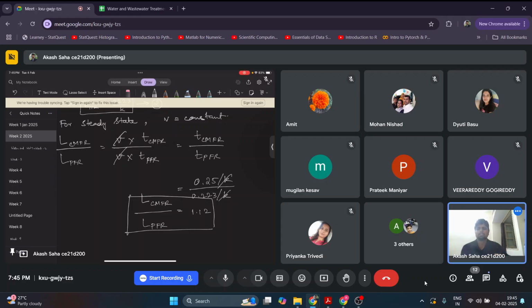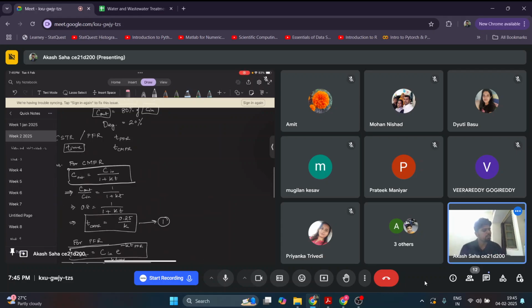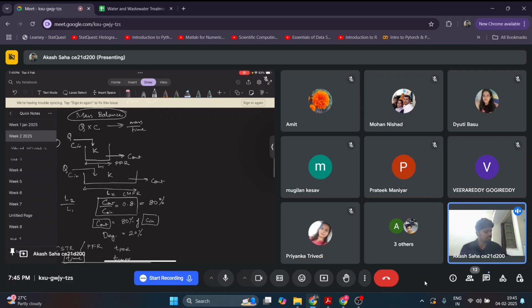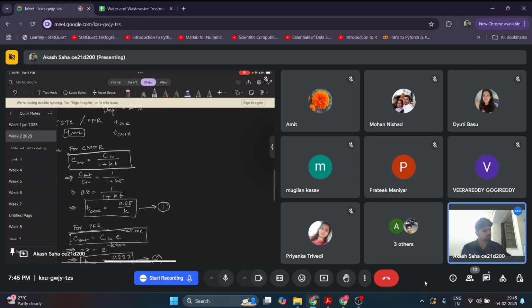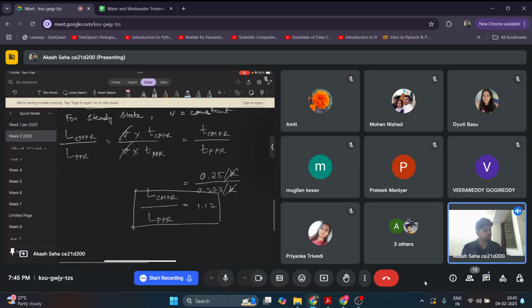That means CMFR length is more, which we expected in the starting itself, because it's a continuously stirred type reactor, whereas for the PFR it will be less. So here also we got the same thing. Logically also we have cross checked our answer.